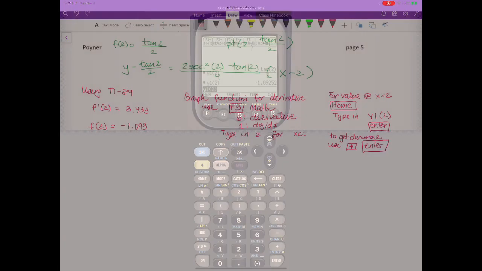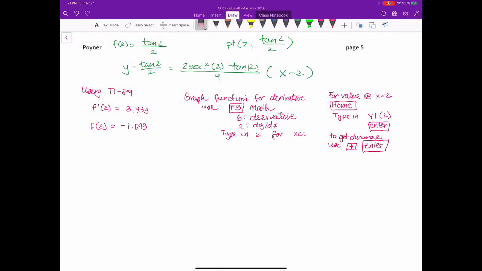All right. So on the graphing calculator, if you're using the TI-89, we found that f prime of 2 was 3.433 and f of 2 was negative 1.0393. I wrote here on the side the steps to take to find those two using the graphing function for derivatives, and also how to find the value of the function even if you wanted it as a decimal.